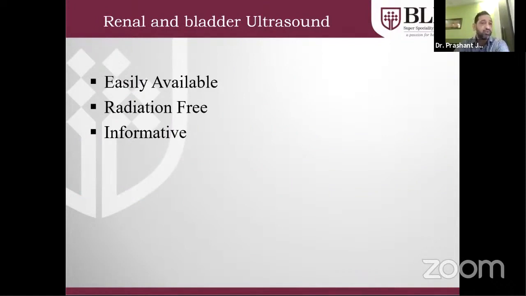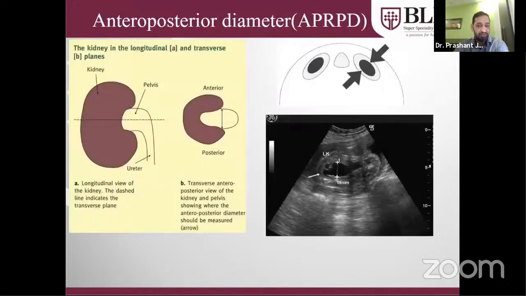Previously, we used to just look for dilatation of the pelvicalyceal system, but nowadays we can get a lot of detailed information about the renal system, ureter, pelvicalyceal system, the urinary bladder, and also the posterior urethra.